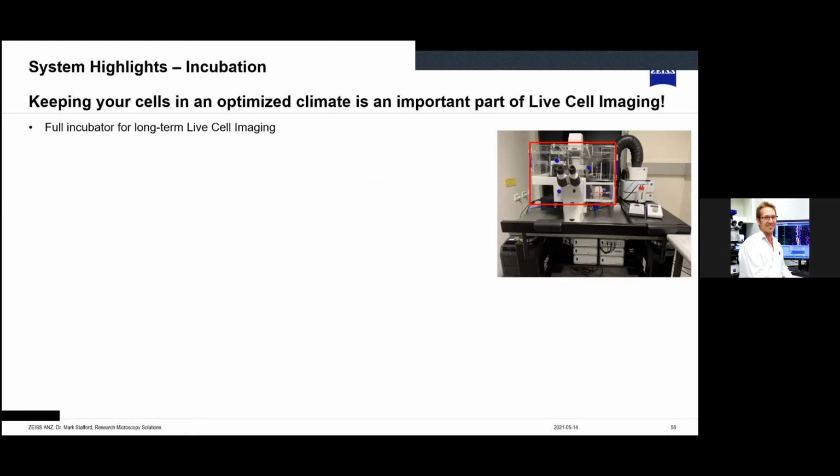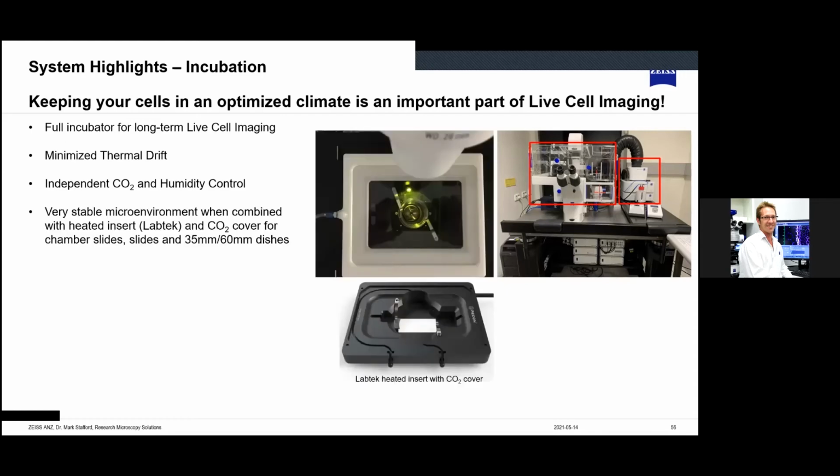So on the system, you have the full incubator, as I mentioned before, what that's for. Obviously, it's for minimizing thermal drift. You have full independent control of the CO2 and humidity here, which can be controlled on the microscope's touch screen or in the software itself. You also have the LabTech heated insert with CO2 cover on the system.